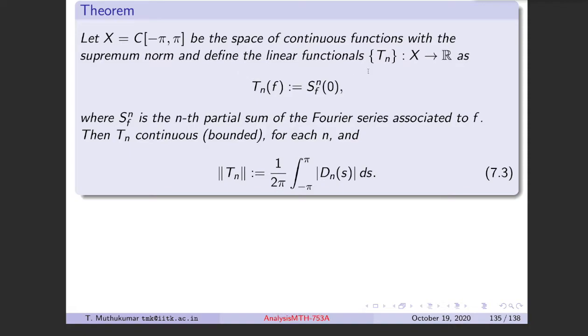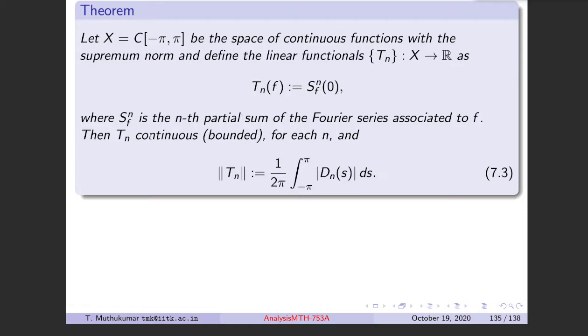So we define this linear map as the value of the Fourier n-th partial sum evaluated at 0. That is Tn. For each f, you have a corresponding Fourier series, truncated at n and evaluated at 0; that is a map Tn.